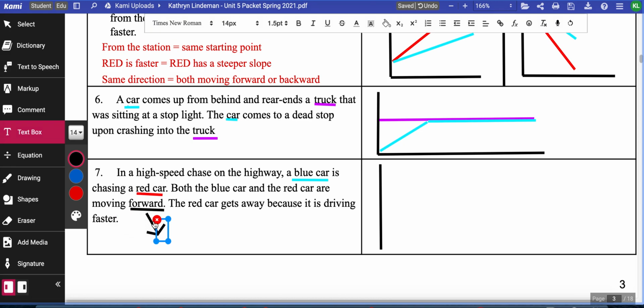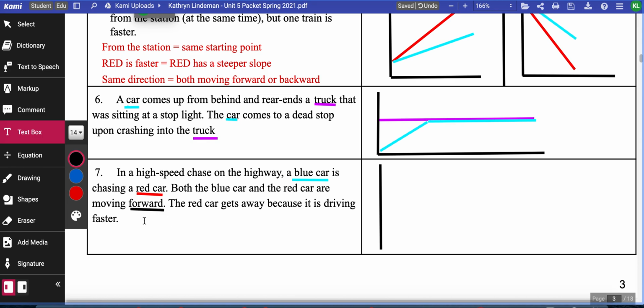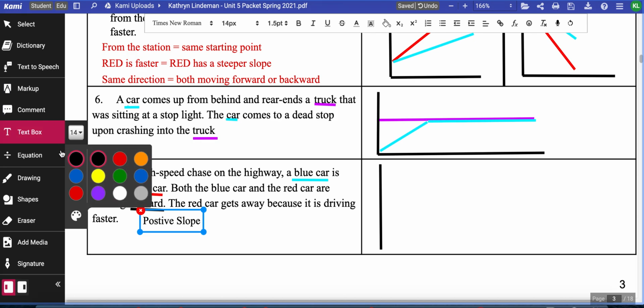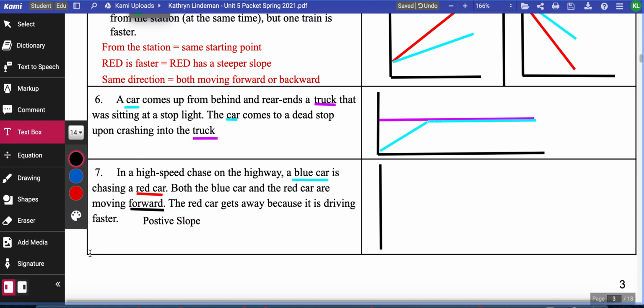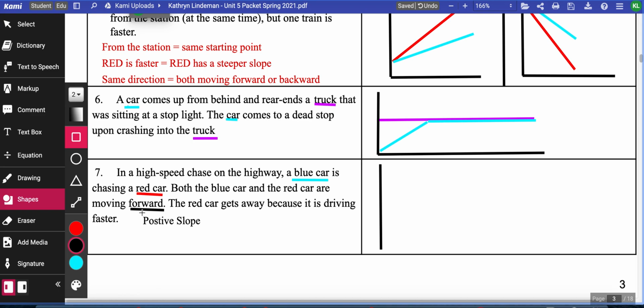Let me just shift these guys. Yeah, that'll be okay. So forward equals positive slope. I'm just trying to make sure that we get what these comments are linked to.